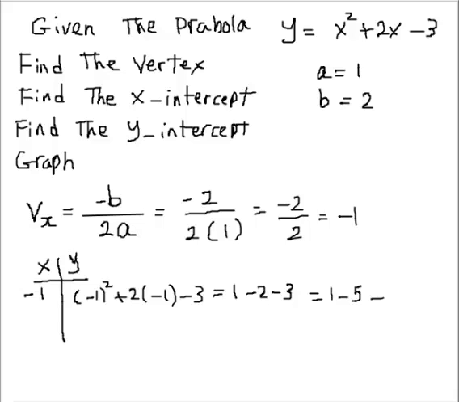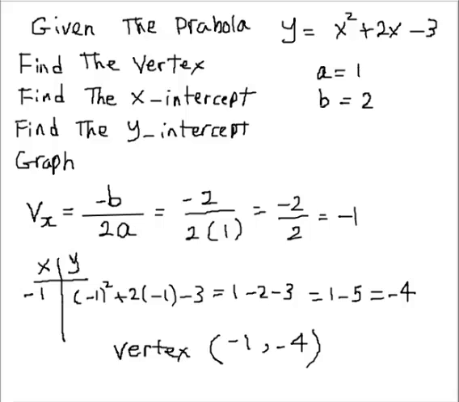I get minus 4. How did you get 0? Okay. So the vertex is minus 1, minus 4.